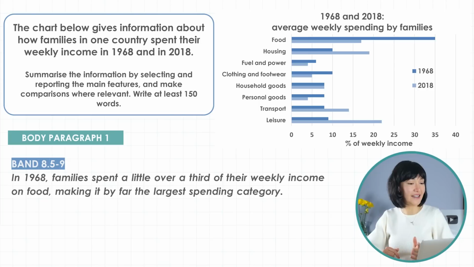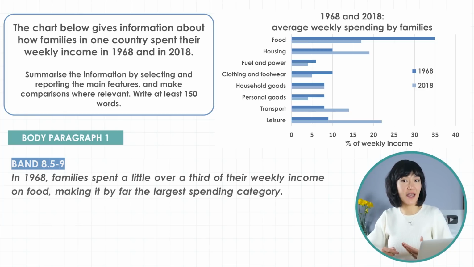I'm describing 1968. In 1968, families spent a little over a third of their weekly income on food, making it by far the largest spending category. We're not just listing all the percentages, which could be seen as mechanical and lower your score.